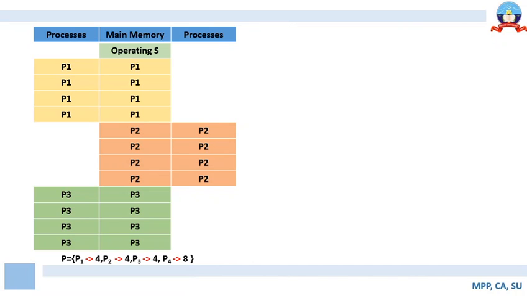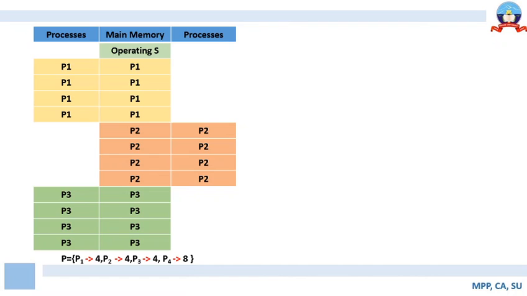So here what we have done, we have allocated page frames to the pages of processes P1, P2 and P3. Since P1, P2, P3 require 4 frames each, we have allocated 4 frames to the 3 processes P1, P2 and P3.